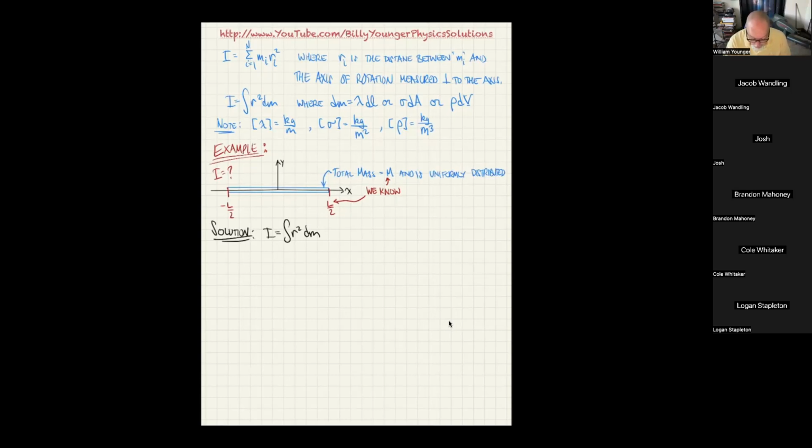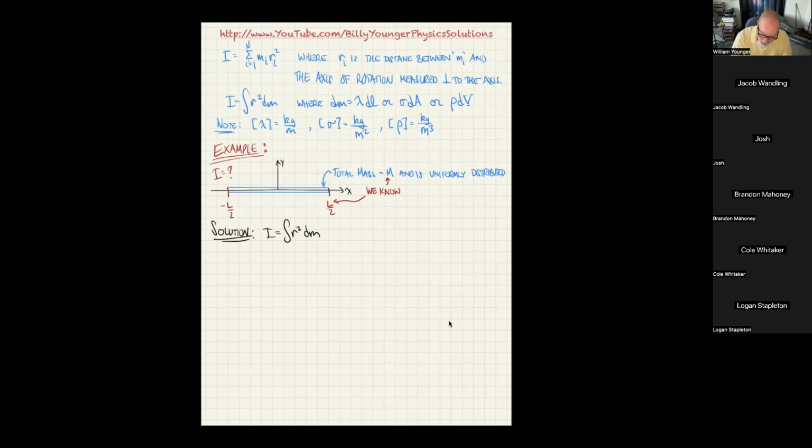And I wrote where r sub i is the distance between m sub i and the axis of rotation measured perpendicularly to the axis. So I actually need the perpendicular distance from the rotation axis to the differential mass element in the case of r squared dm, or to the m sub i in the case of I equals a summation from i equals 1 to n of m sub i r sub i squared.